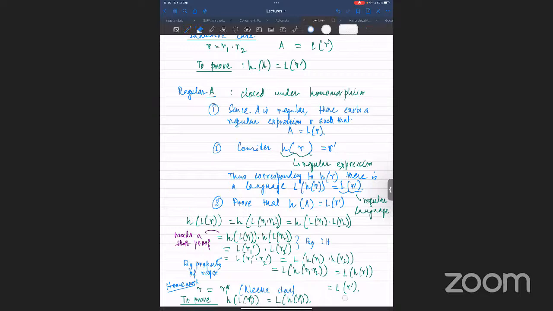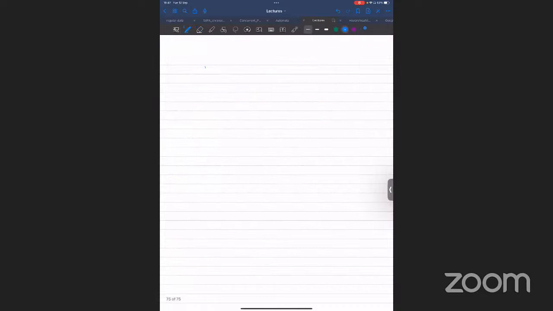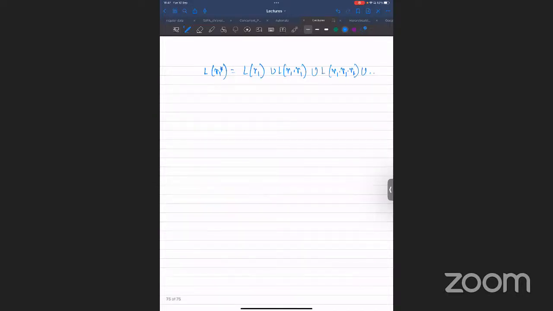So let's recall L of R1 star: it's L of R1 union L of R1 dot R1 union L of R1 dot R1 dot R1, and so on. You also have epsilon in the union. This definition you have to use.